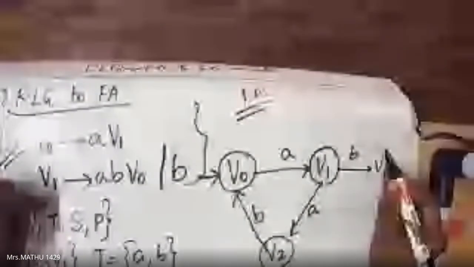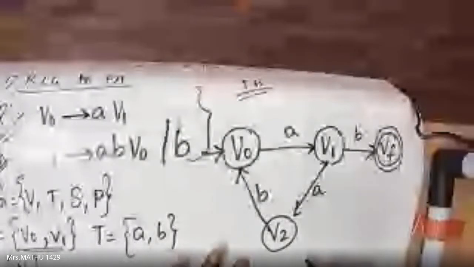Let us name the final state as VF. So this is the finite automata that we can draw from the linear grammar. Drawing a finite automata from a linear grammar is very simple. Each and every production you need to convert into states connected with edges.